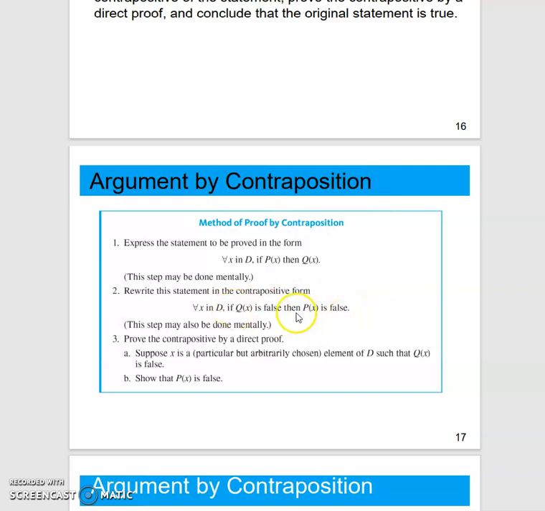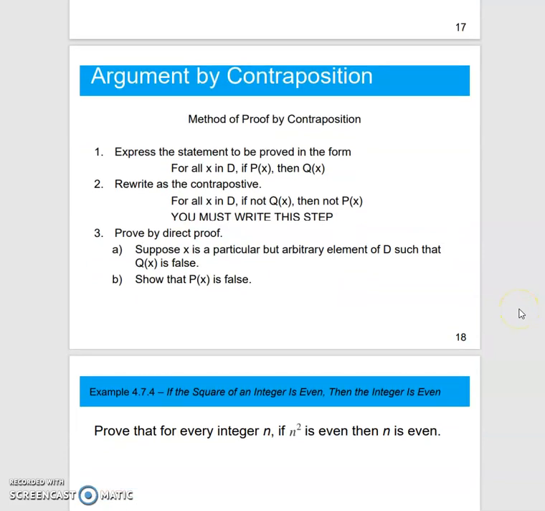I usually recommend writing it out because I like to clearly state what my given is and also clearly see where I like to end up. At that point, I do a direct proof like I would normally do. I am going to ask that you please include that rewriting with the contrapositive. I like to see that.